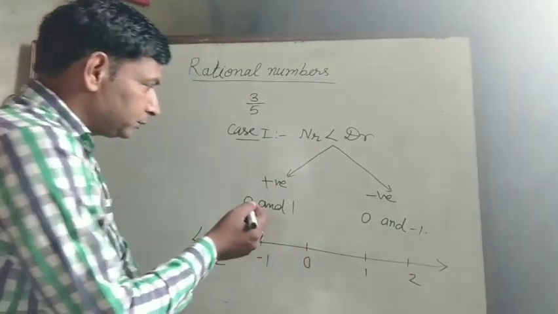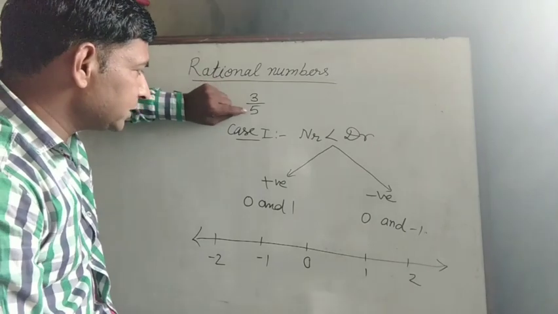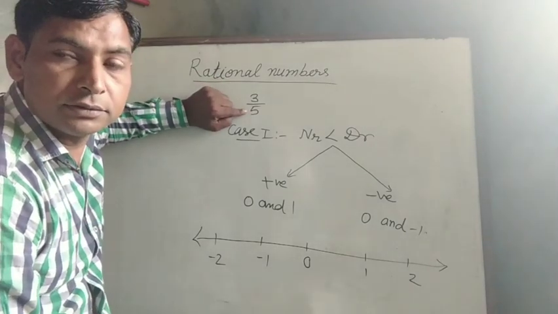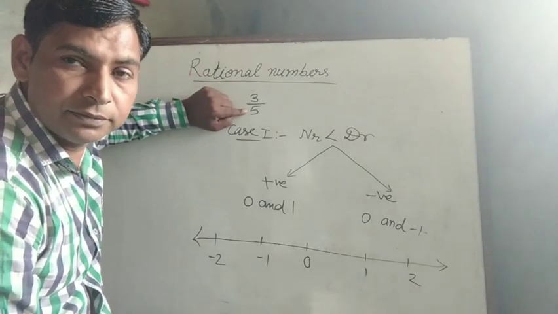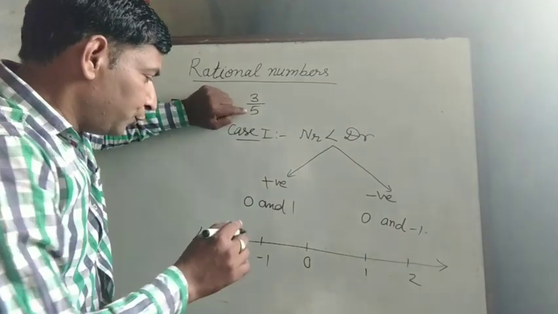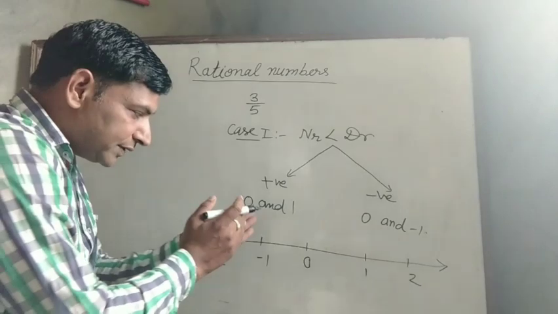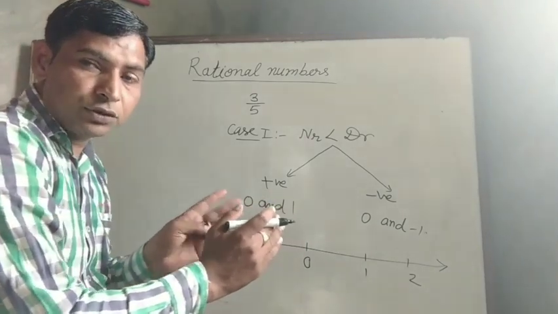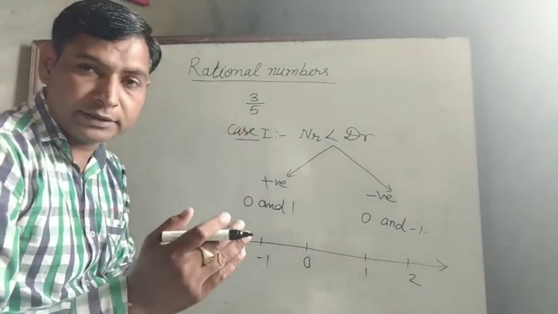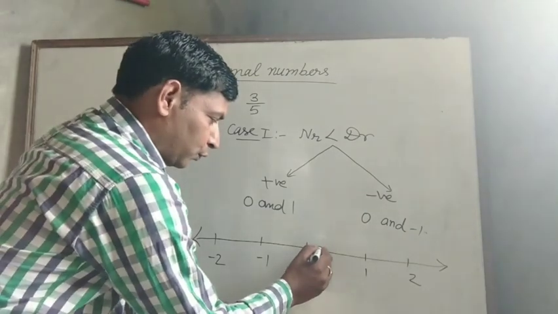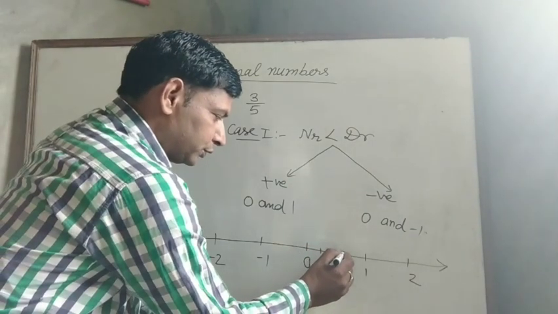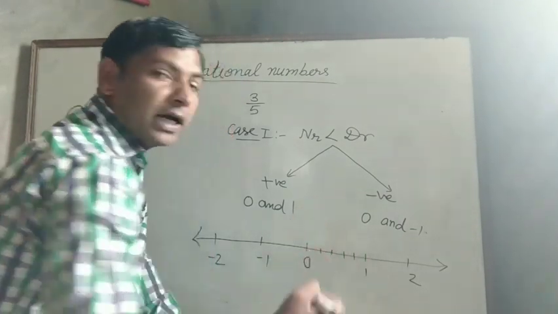Now we see the denominator, that is 5. We divide the number line between 0 and 1 into 5 equal parts: 1, 2, 3, 4 and 5.